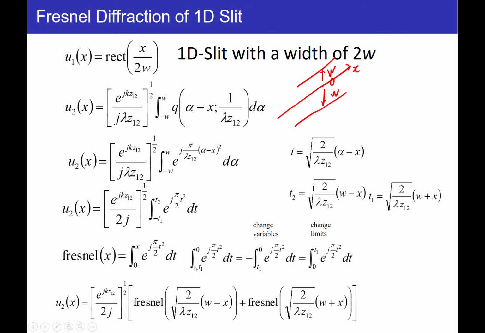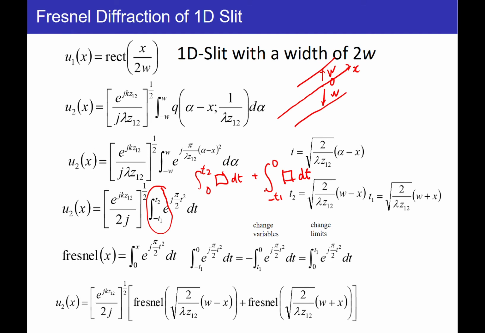minus t1 to 0 minus t. For the case of t2, it's okay. We can change this integral into two parts, t2 to 0 something dt plus minus t1 to 0 something dt.